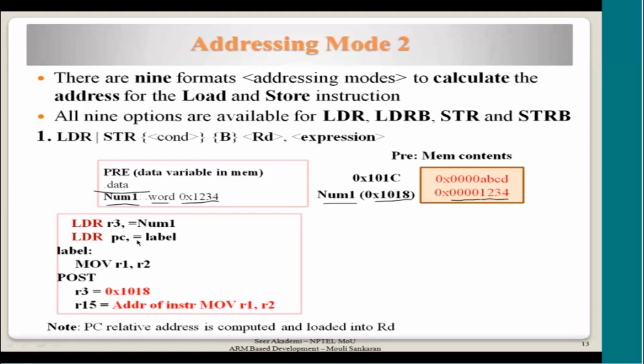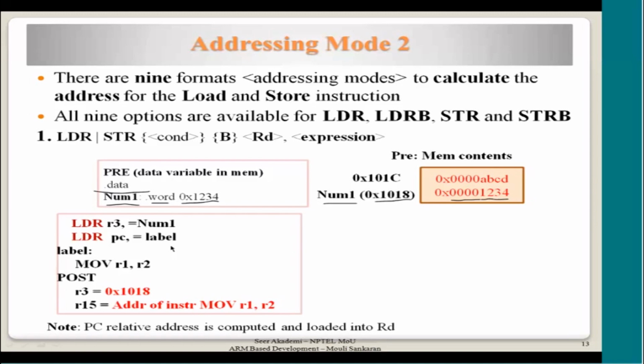That means whatever address is here is moved into PC. So effectively PC will now point to this particular instruction. You may wonder that it may fall through anyway and come here, but there is a minute difference between these two. When I move a new PC value, the pipeline is flushed and then started again, accessing from this instruction.